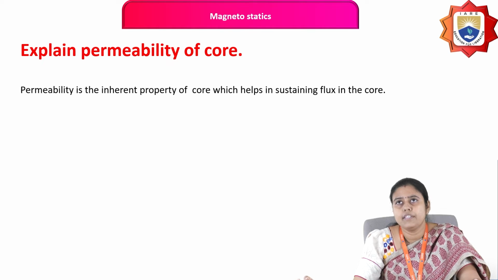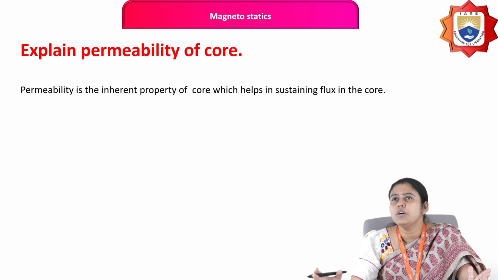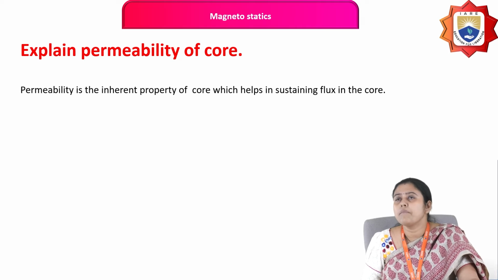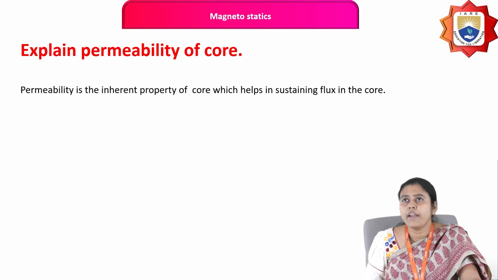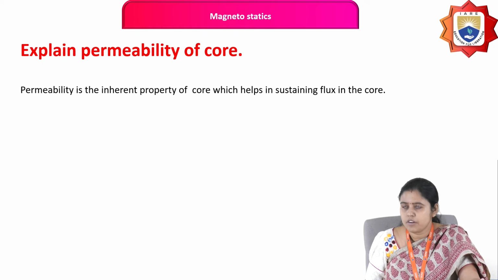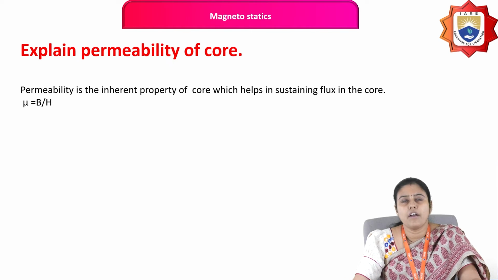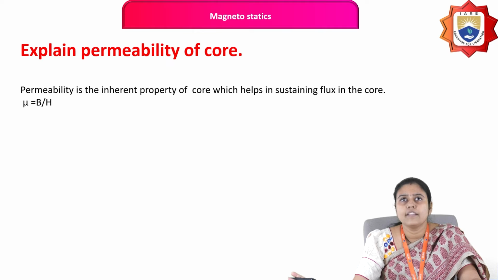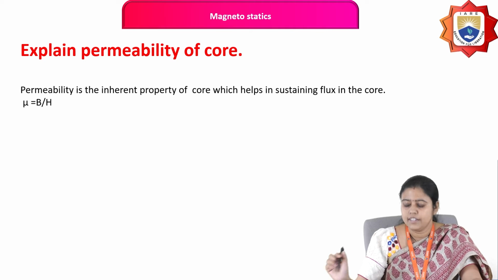Very high permeability means it helps more flux to stay in the core, and that's why the transformer core is always made of silicon steel or steel product, iron product. In another language, permeability is the ratio of the magnetic flux density by the magnetic field intensity.